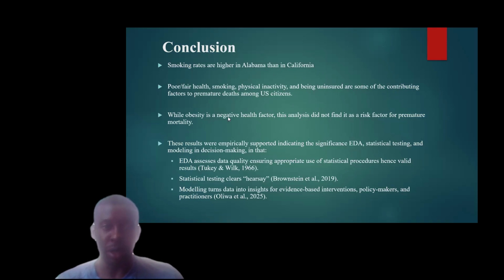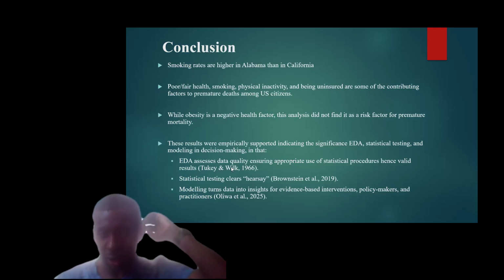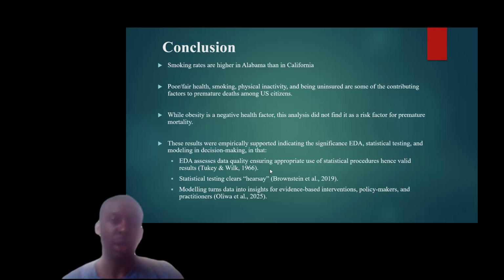While obesity is a negative health factor, this analysis did not find it to be a risk factor for premature mortality. These results were empirically supported, indicating the significance of EDA, statistical testing, and modeling in decision making. EDA assesses data quality, ensuring appropriate use of statistical procedures, hence valid results.